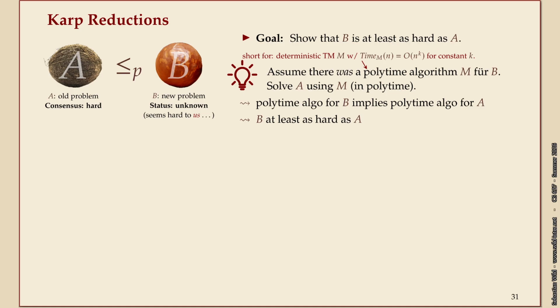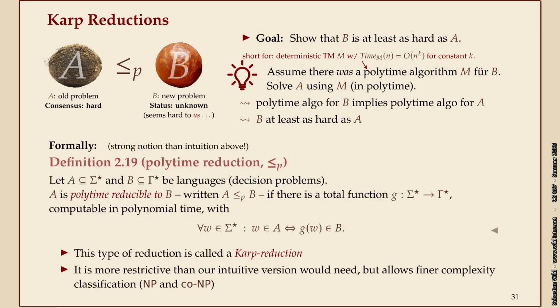What we'll come to now is this picture comparing NP problems by hardness that we've seen before. The key definition for this is the notion of a Karp reduction, or a polynomial time reduction, or polytime reduction. There's the less-or-equal sign with a p, where p stands for polynomial time. So we have two languages, a language A and a language B, as up here.